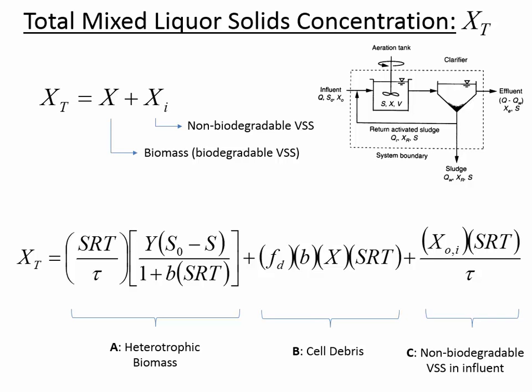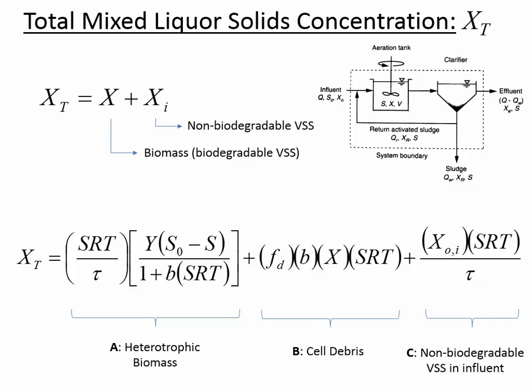Now cell debris, these are the dead cells that are floating around and they're not breaking down BOD, but they still account for a part of the biomass that's there. Cell debris is dead cells. They're not breaking down, they're not active. And then finally, that component we were just talking about, the non-biodegradable VSS, we can calculate that.